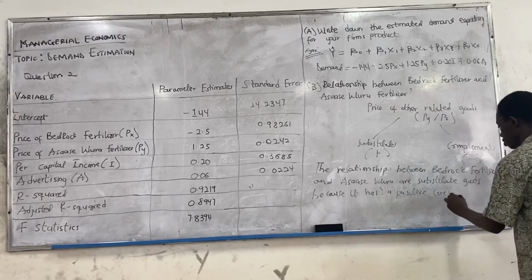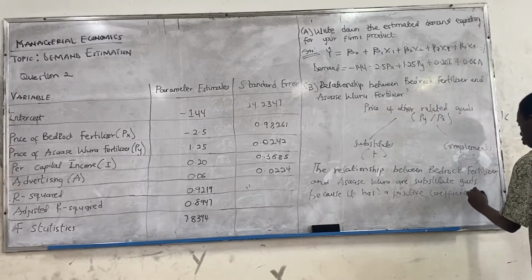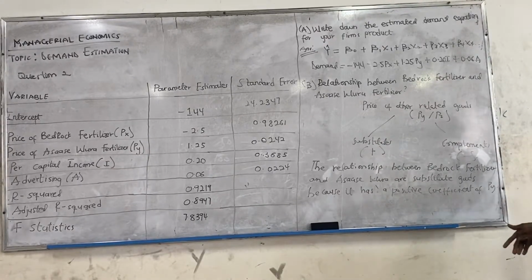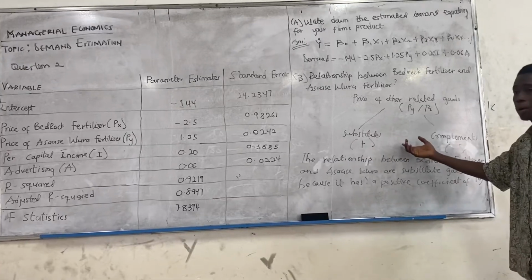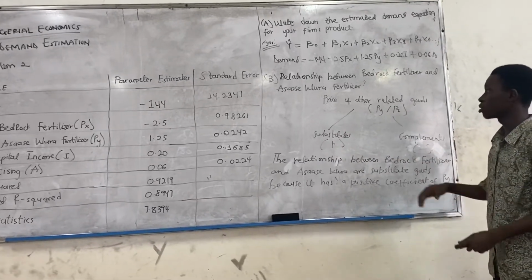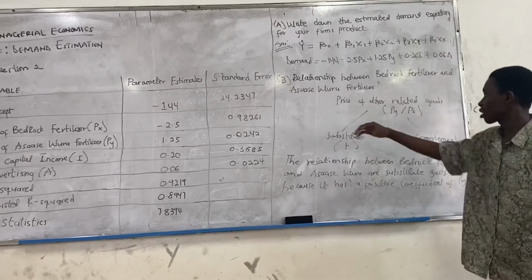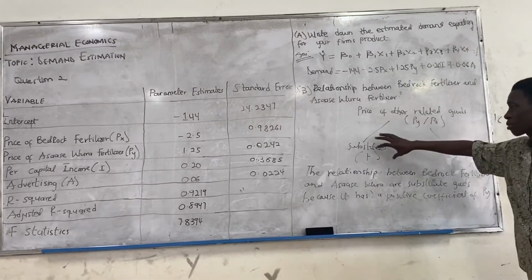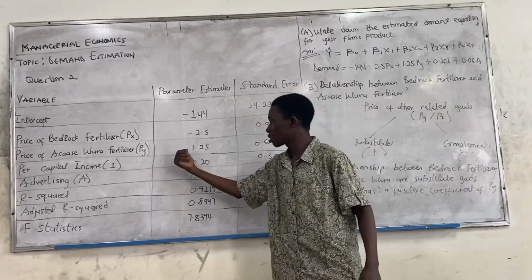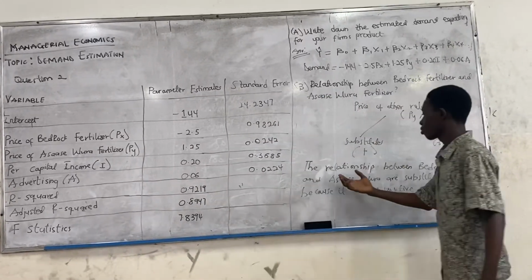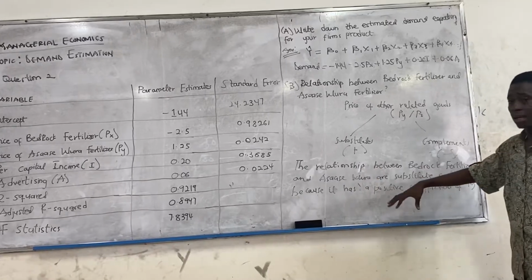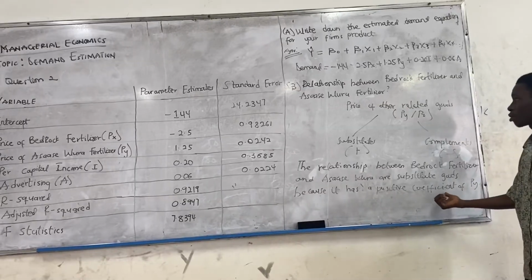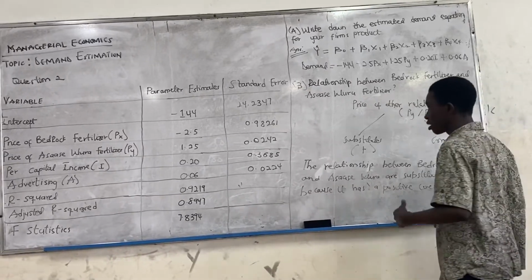To recap: the relationship is substitute or complement, while the type of good is normal or inferior. You come to the table and check PY or PZ. If it's negative, it's a complement; if it's positive, it's a substitute. There is PY, positive 1.25, so they are substitute goods because of the positive coefficient of PY. So let's move on to the next question.